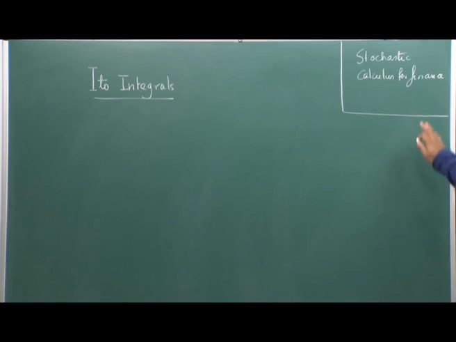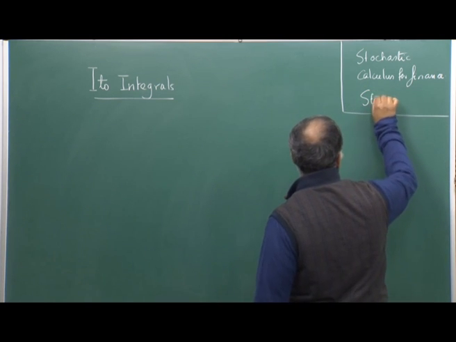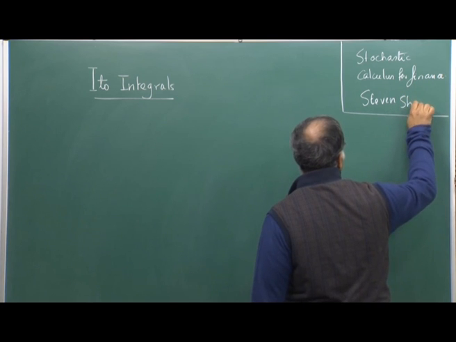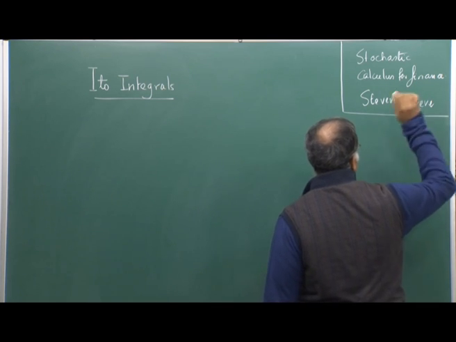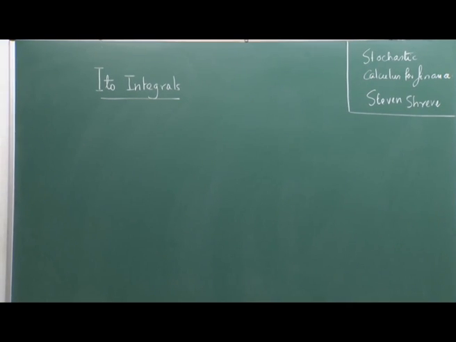This book is written by Steven Shreve, a very famous name in mathematical finance from Carnegie Mellon University. I have taught from this book earlier, and this is my favorite book in this subject.